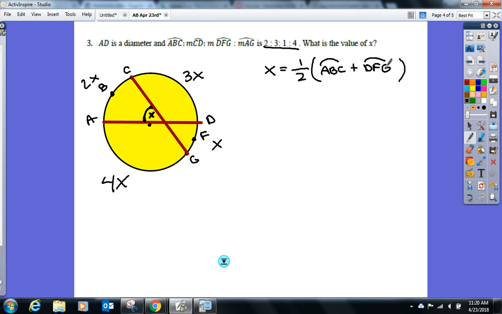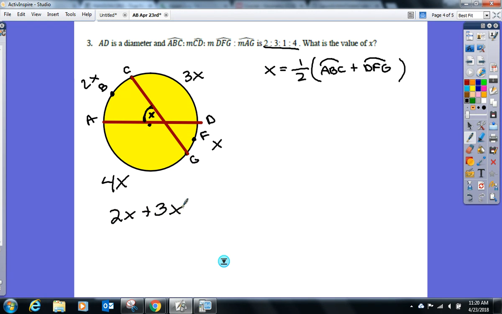All right. Any way you can help me find the actual measures so I can plug them in? I got 2x, 3x, x, and 4x. Any way I can find those actual arc measures now? Go ahead, Cam. All those arcs are represented, right? And it makes up the entire circle.